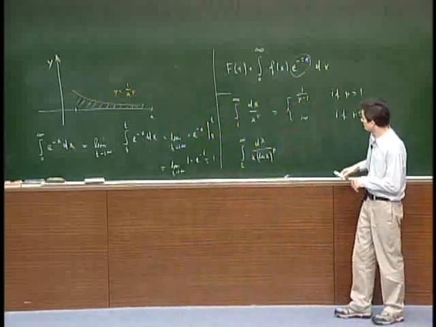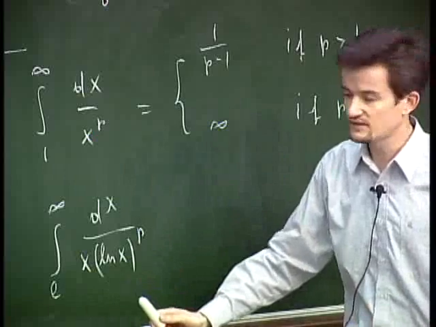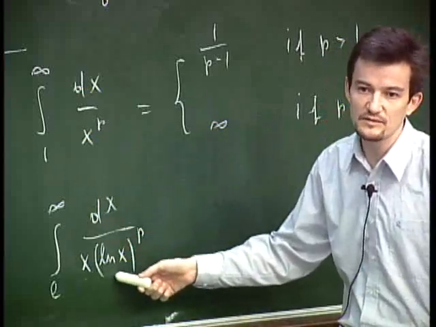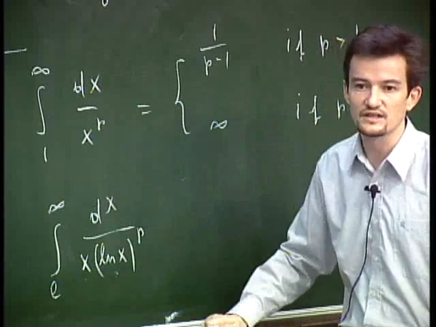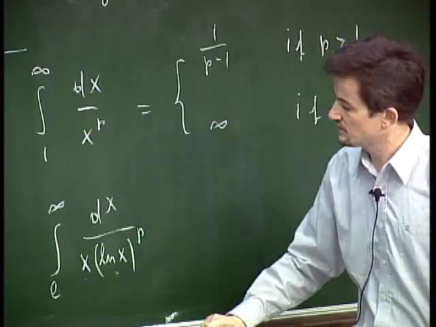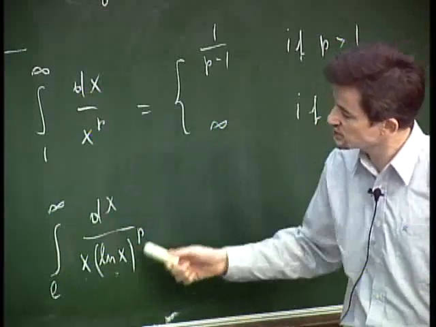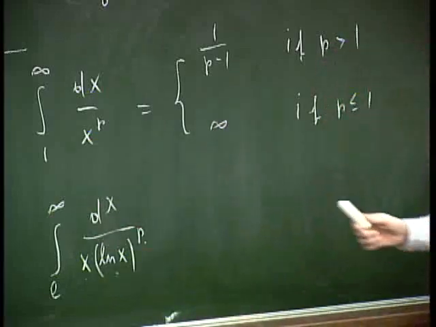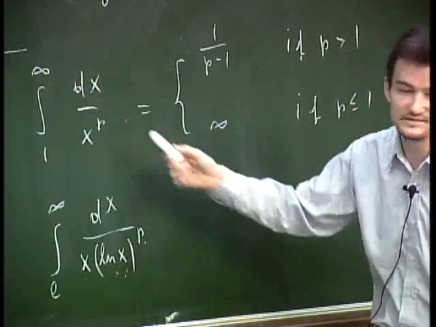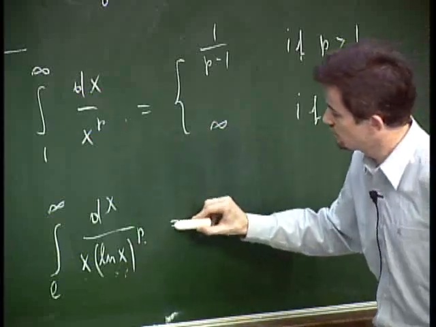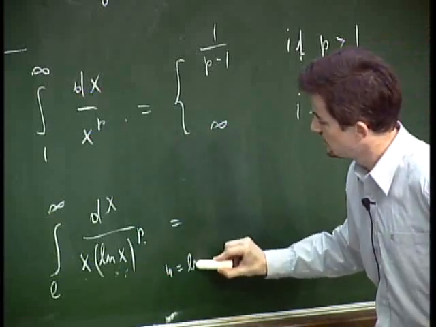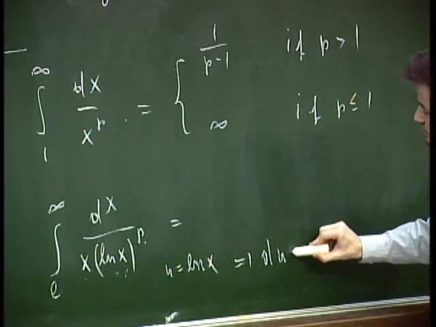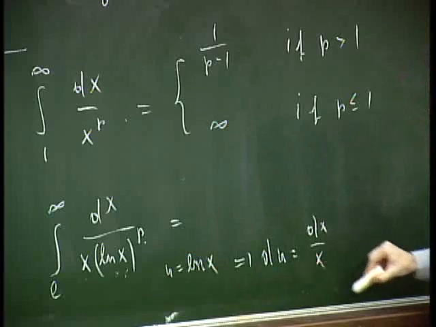Now of course you will be interested, if you look at 1 over x but multiply it with something, making it a little bit smaller or larger, for which cases of p does this integral converge? The behavior for this one is the same as this one, because you use the transformation u equal to ln of x, which means du is equal to dx over x.